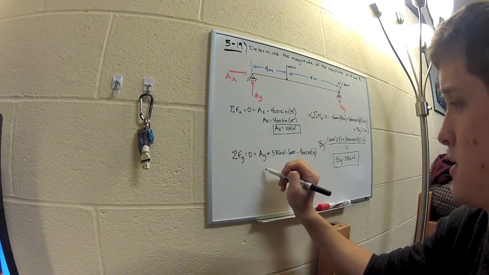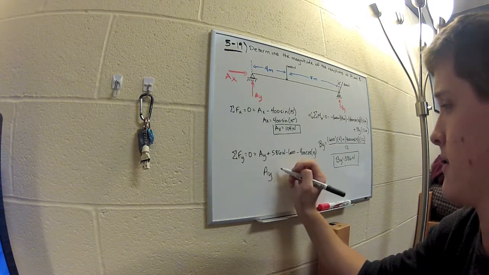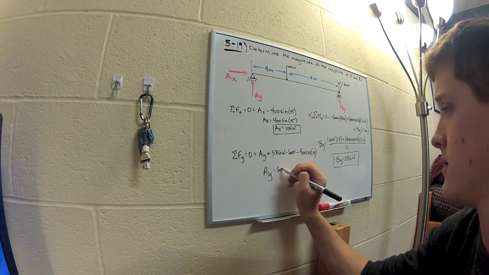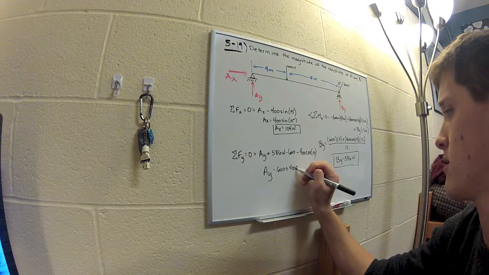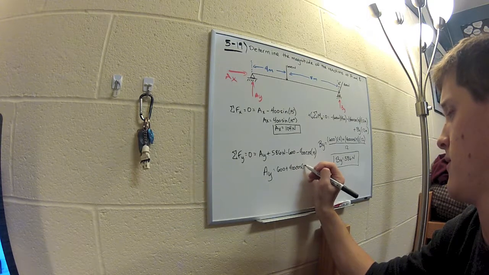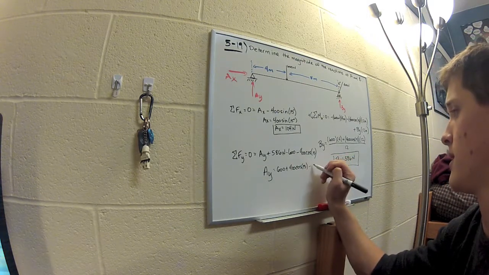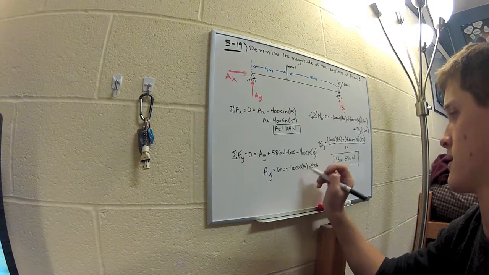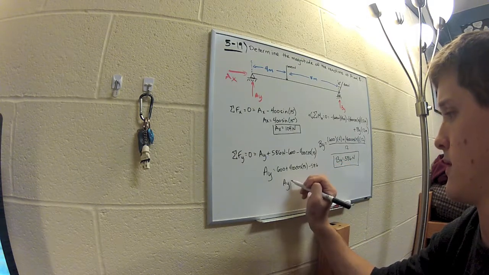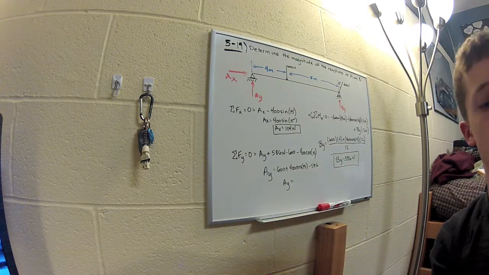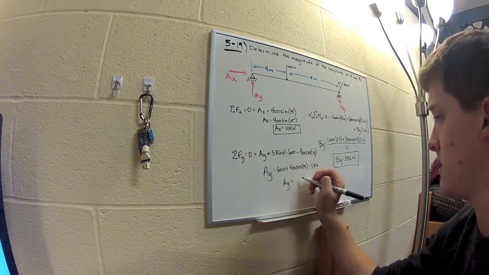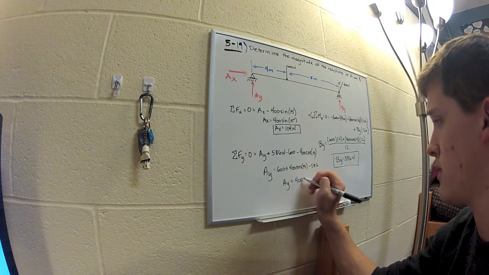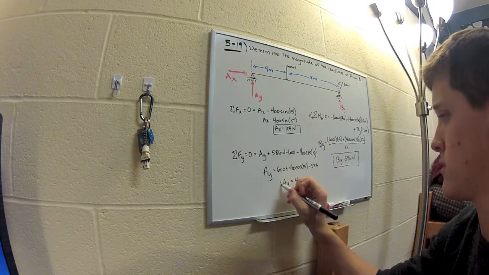So now this is going to mean that Ay is equal to 600 plus 400 cosine of 15 minus 586. Now let's go to our calculator and find that Ay is equal to 400 newtons.